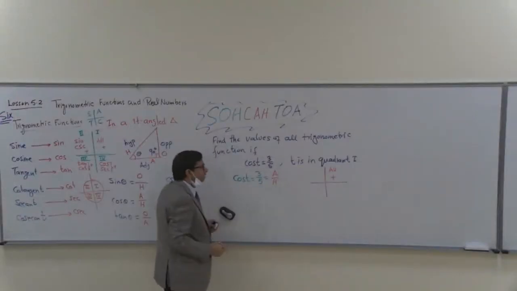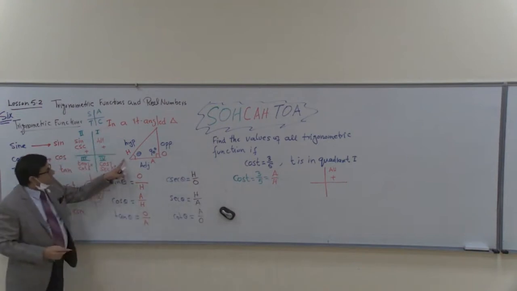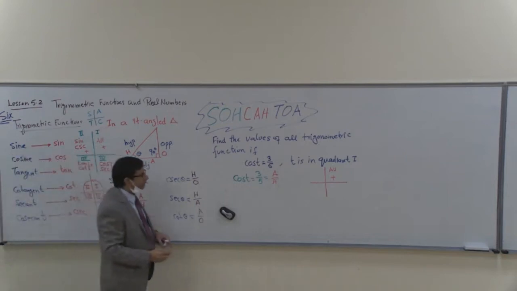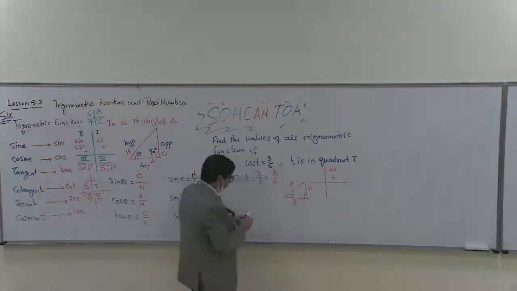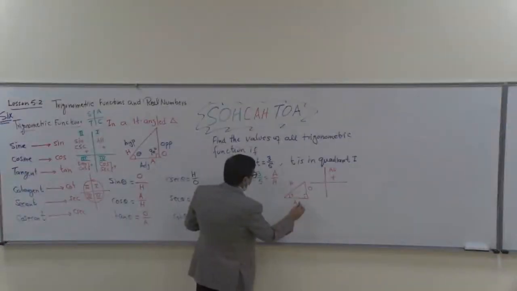I mean adjacent is given and hypotenuse is given. We need to find opposite. We know a right angle triangle. So always put it in a right angle triangle. Angle T is over here. This is our opposite, this is hypotenuse, and this one is adjacent. Put the values there. Adjacent is 3, hypotenuse is 5.